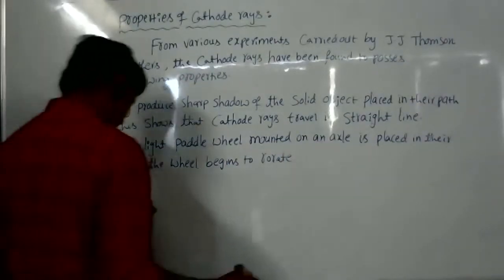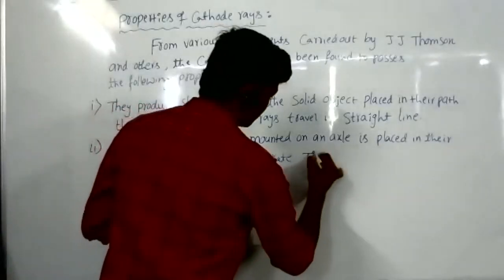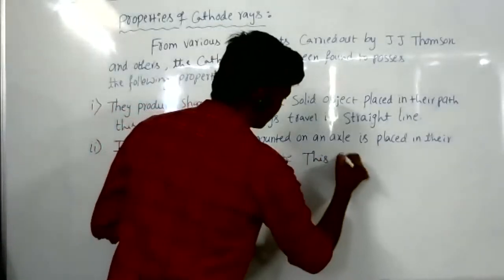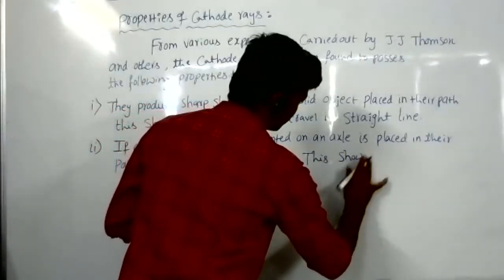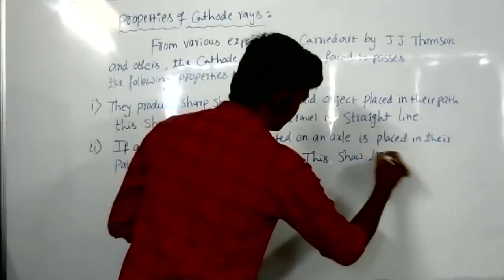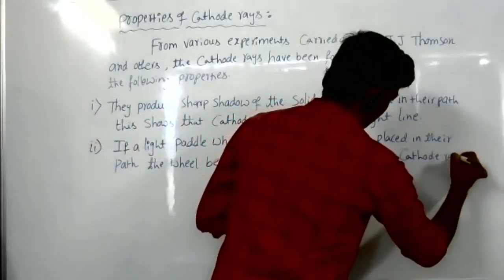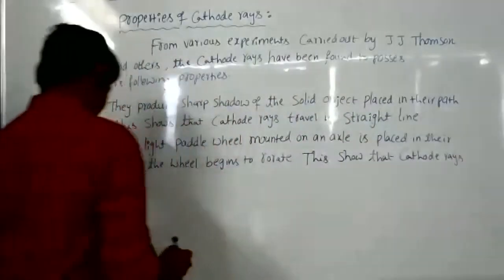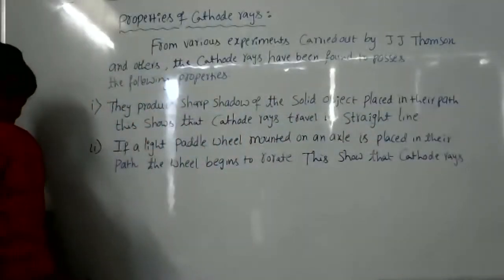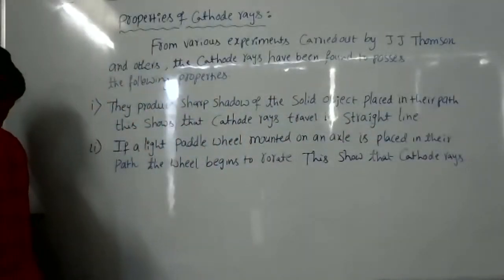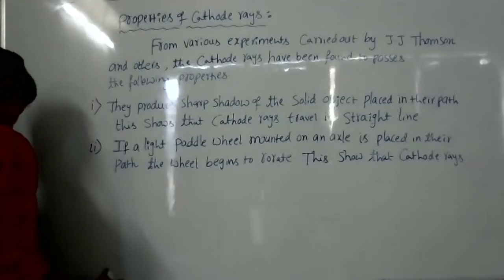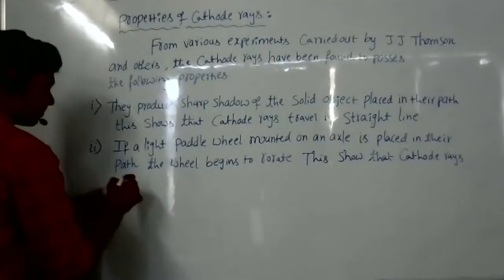This shows that cathode rays are made up of material particles.